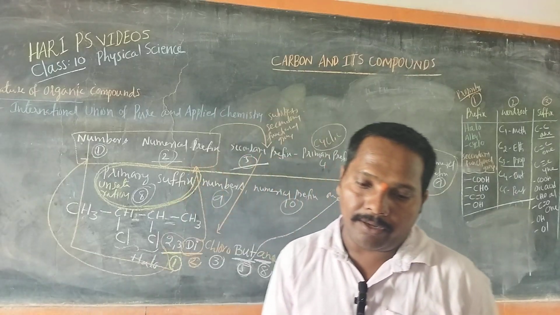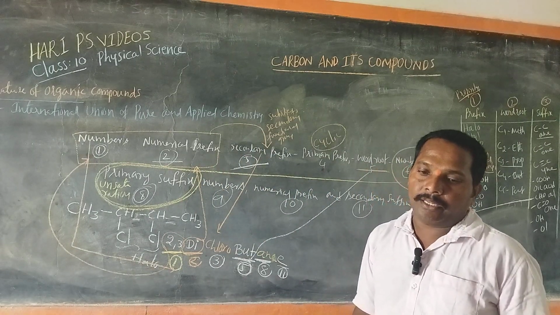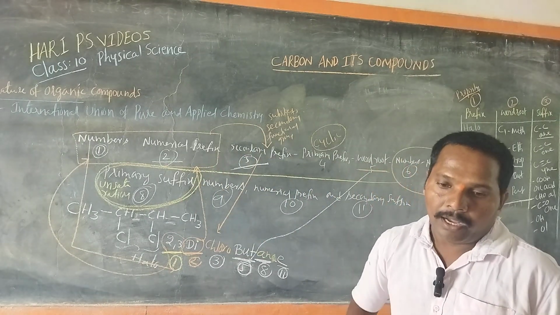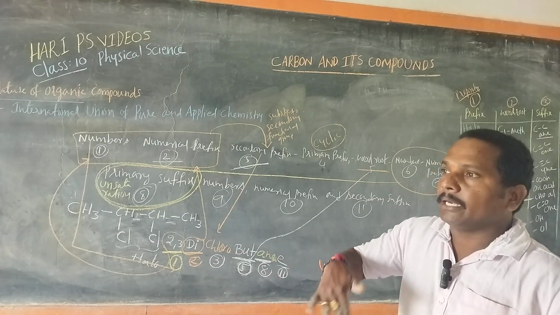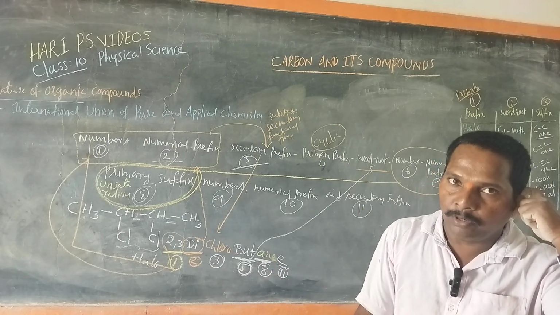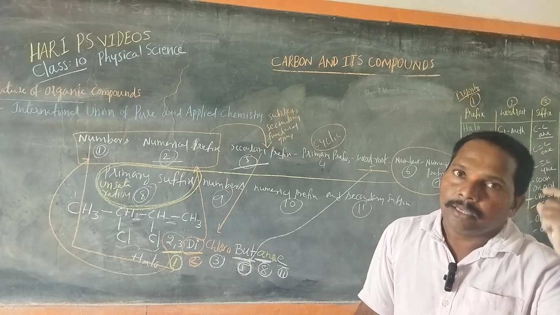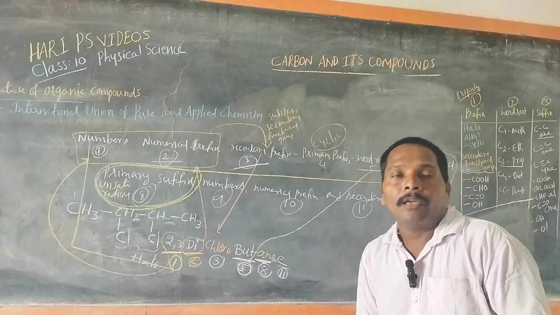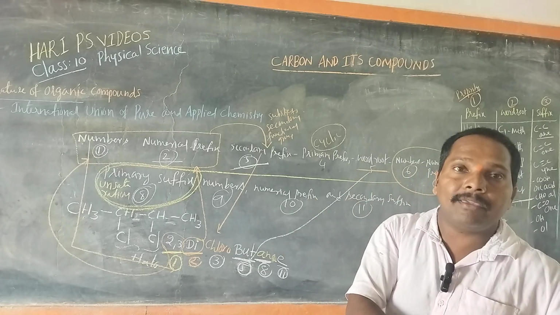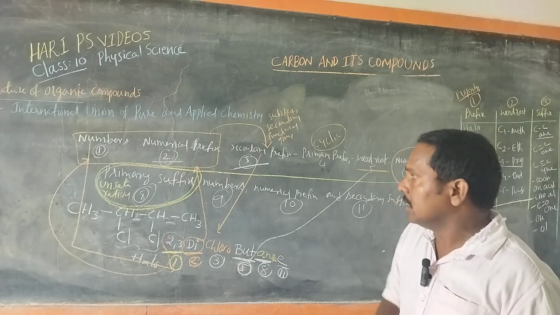Then 6 and 7 tell about the position and repetition of any multiple bonds: if the compound has a double bond or triple bond, how many double bonds or triple bonds are there, and for which carbons.